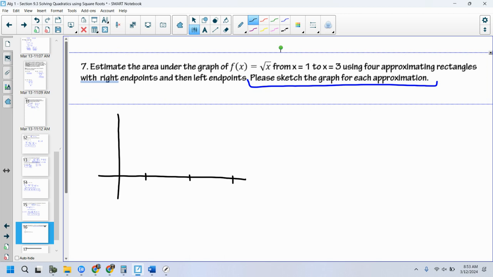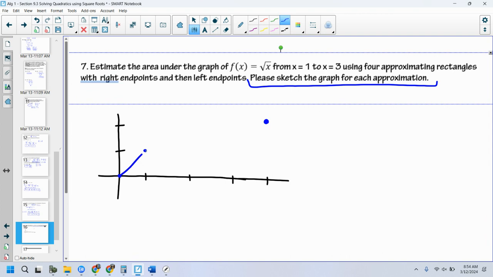If I plug in 0, I get 0. I know that's outside of what I'm looking at, but still. If I plug in 1, I get 1. Let's put 1 here. If I plug in 2, I get radical 2, which is like 1.4. 3, radical 3. Let's stretch it all the way out to 4, because that's going to be 2. 4, 2.